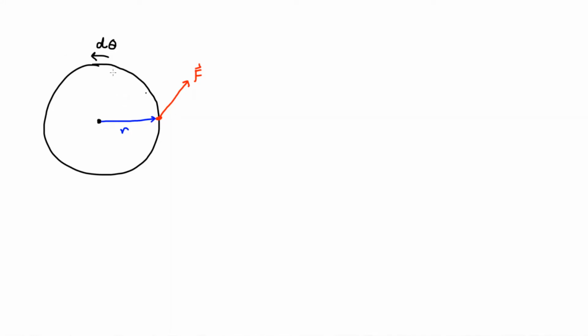If this wheel rotates through d theta, then this point here is going to just go this little distance here, which I can call dr. And using what we know about circles, if this rotates d theta, this little distance dr is going to equal d theta times the radius r here of the circle. That is how far away this force is applied from the center of rotation of this wheel.